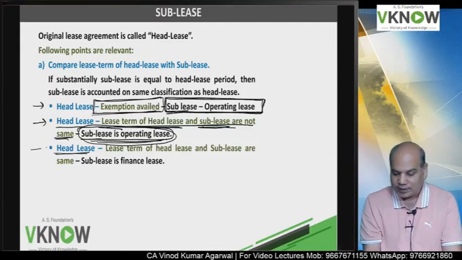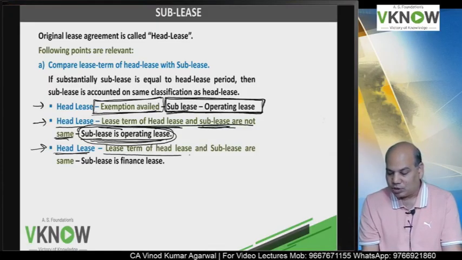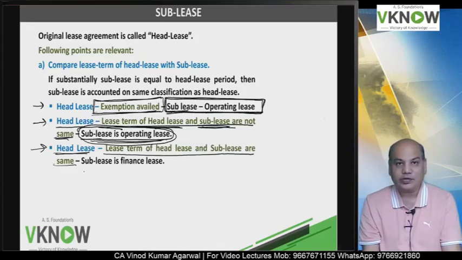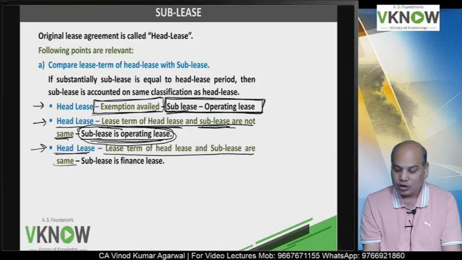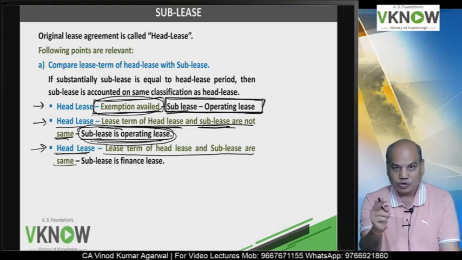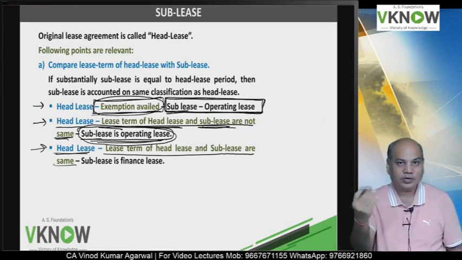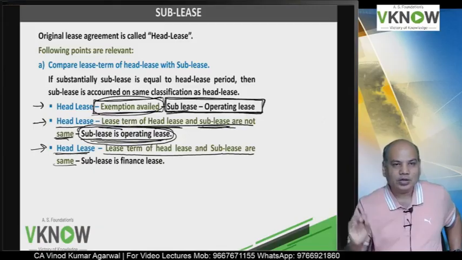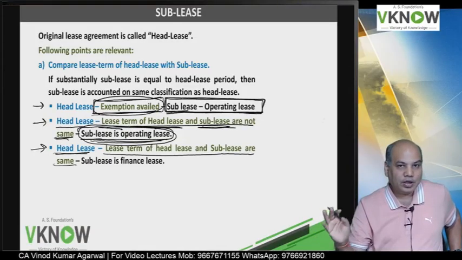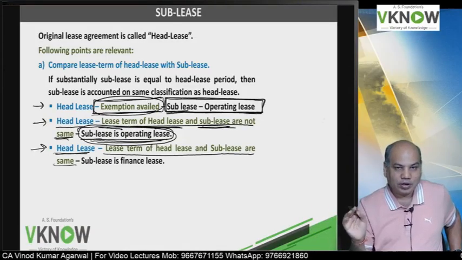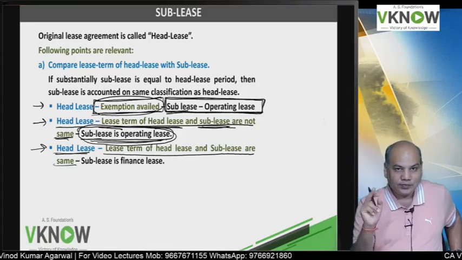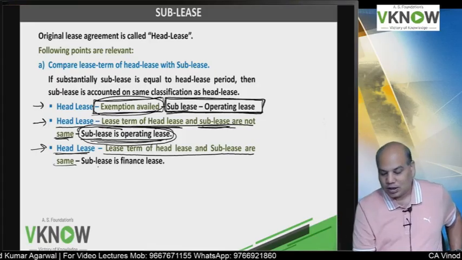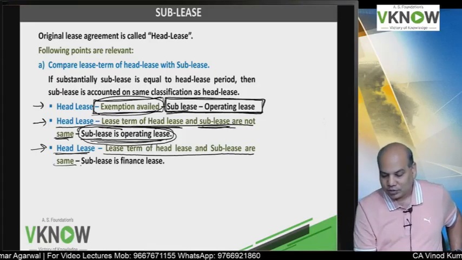Third possibility, the lease terms of head lease and sub-lease are the same and you have not availed exemption, because if you avail exemption for head lease, it is operating lease. If lease terms are not substantially equal, operating lease. You have not availed exemption and the lease terms for head lease and sub-lease are substantially the same.